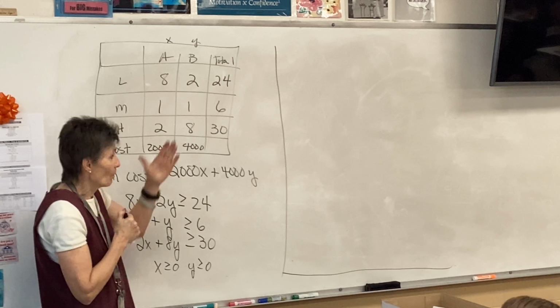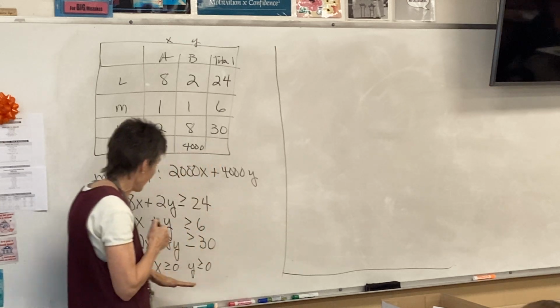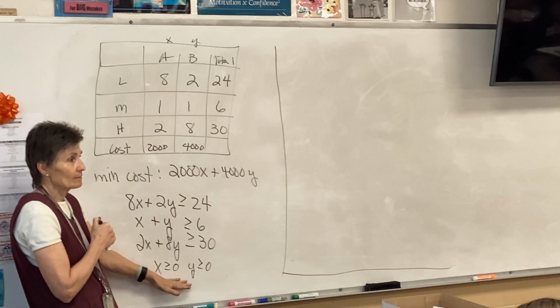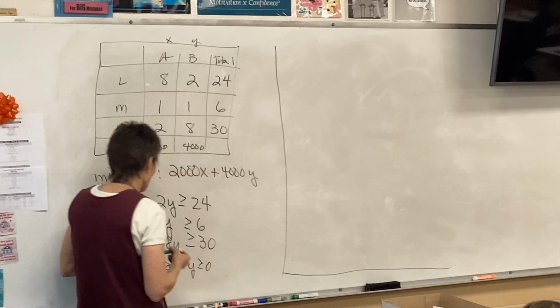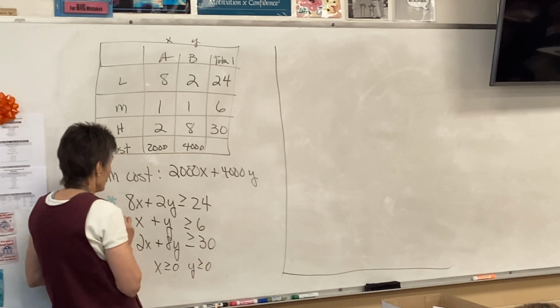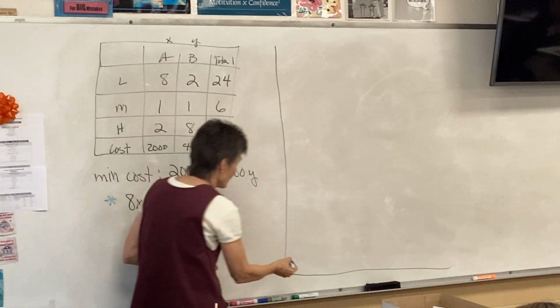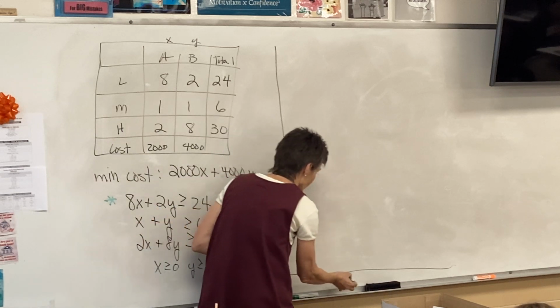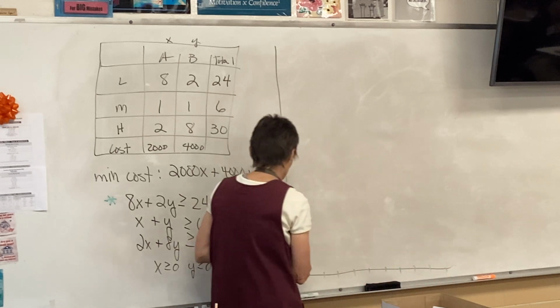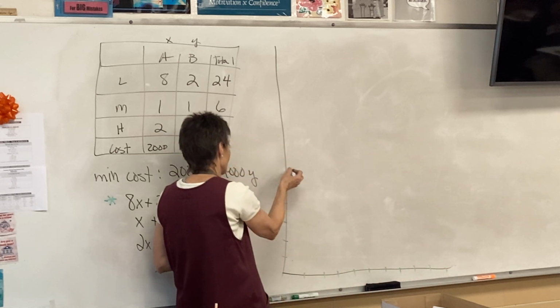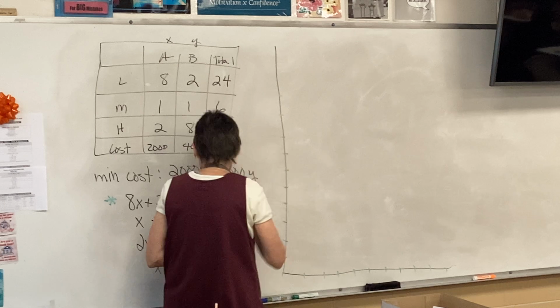So when I set the grid up, that was given. All right, so let me get my colors out here, let's start graphing. Okay, I think this time I can use a regular scale, so 1, 2, 3, 4, 5, 6, 7, 8.